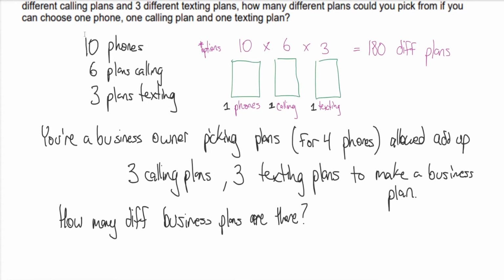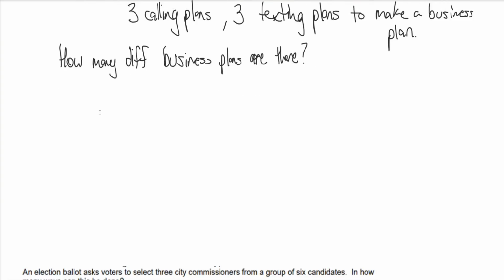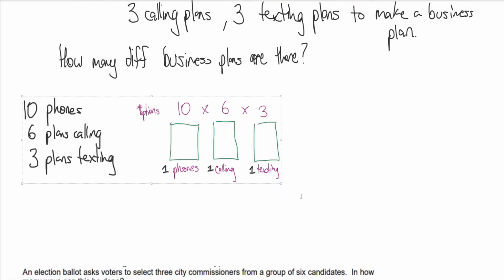So, what I want to do is set up this question where we're not just choosing one of each, but we have 4 phones. We have a group of 4 phones on a group of 3 calling plans and a group of 3 texting plans. All right.